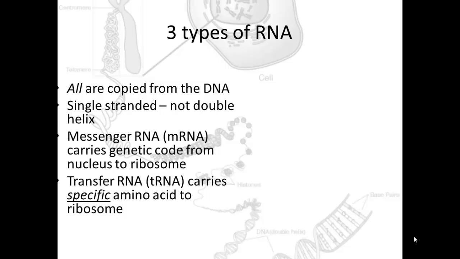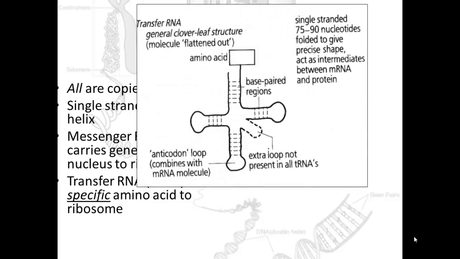Transfer RNA carries a specific amino acid to the ribosome. If you're looking to memorize functions of RNAs, this is one definition to memorize. This is what they look like. They are clover-leafed in general shape, and it is, again, single-stranded. So this is just one strand going along here, although what you'll see is there are little bits of binding like this.